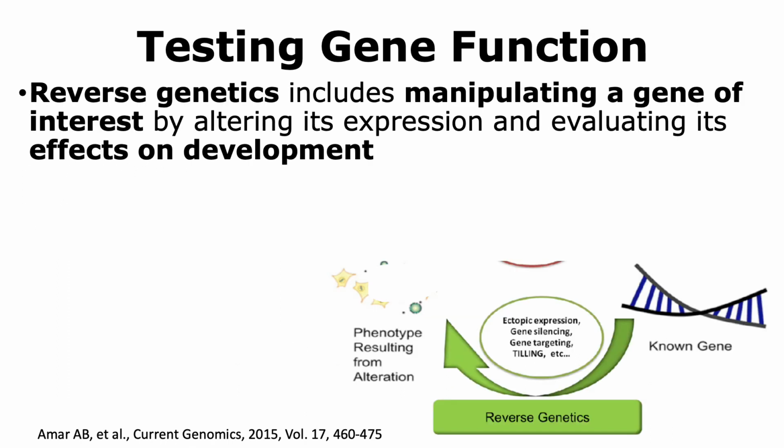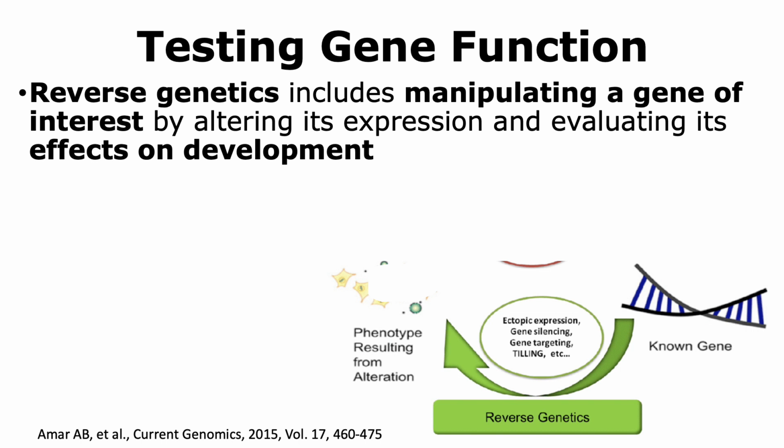Gene function can also be determined by a reverse genetics approach. In the reverse genetics approach, we have a gene of interest, and that gene is manipulated by altering its expression in cells, and we determine the effect of those alterations on development.